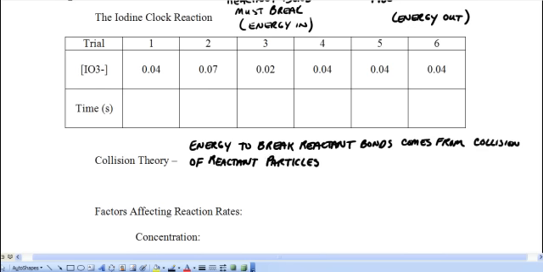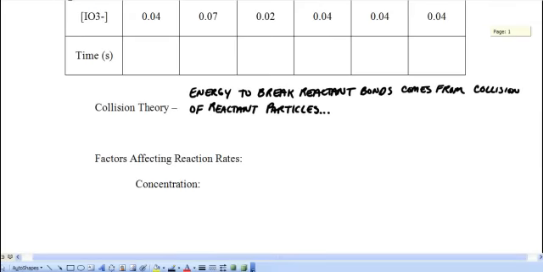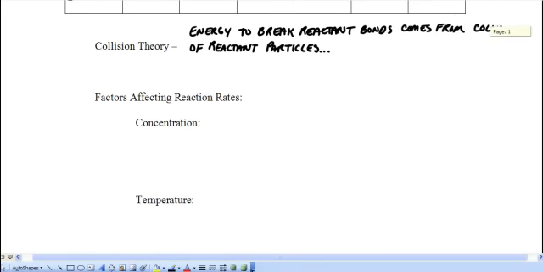All right, now we're not completing this story yet, but we will. Let's go ahead and scroll down here just for a second. So, therefore, if the energy to break reactant bonds comes from the collision of reactant particles, what factors will affect the rates of these reactions?